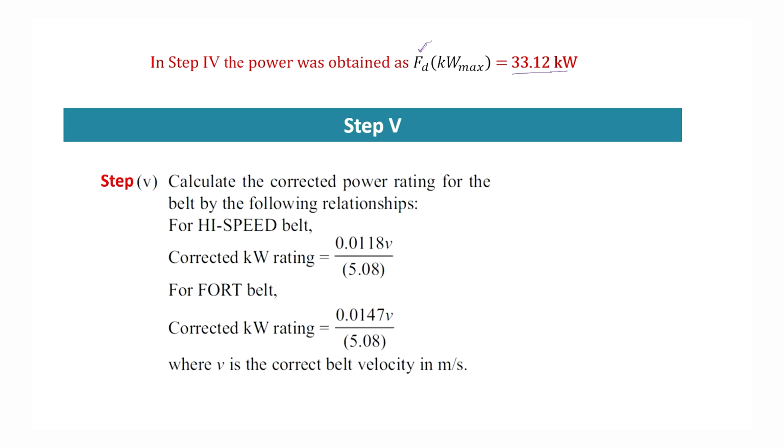So now what we will do is, we will find the corrected kilowatt rating knowing the capability of the belt. Either we can select the high speed belt or the Ford belt. Now, we are selecting the high speed belt, and so the corrected kilowatt rating will be given by this formula. This formula is based on the belt speed.